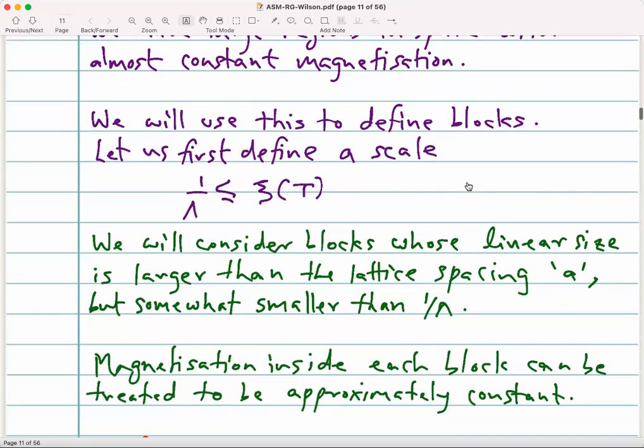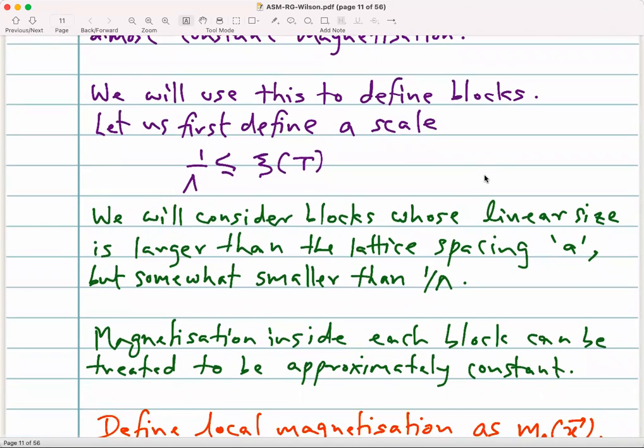Now, what we'll do is try to do something similar to block spinning, but in the Landau-Ginzburg model. So we will choose some scale, lambda, the energy scale, such that 1 over lambda is less than the correlation length psi. Remember, the correlation length is a length scale over which the order parameter does not change significantly.